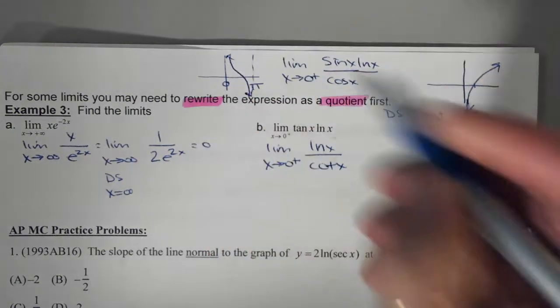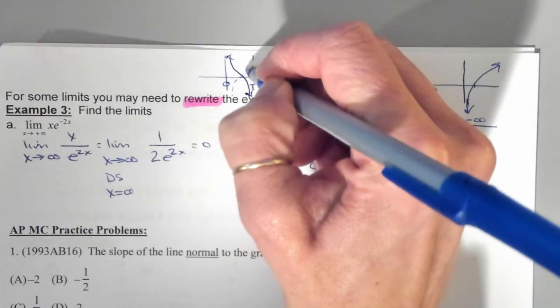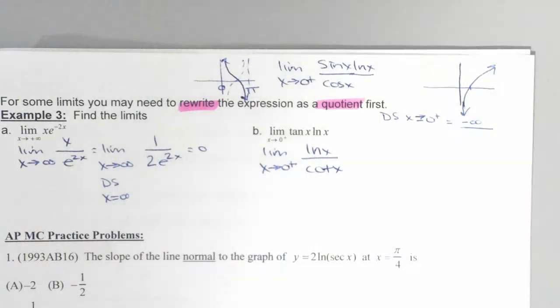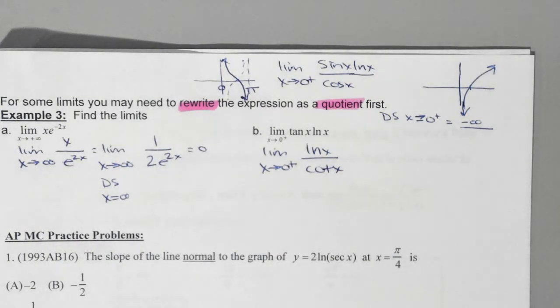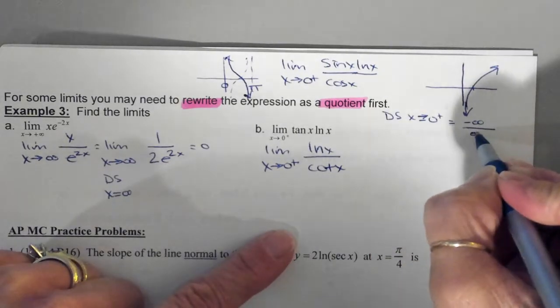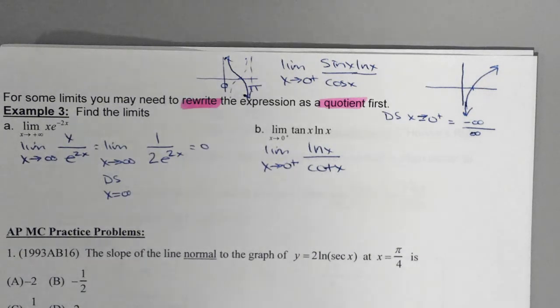Cotangent goes like this. The other one that I did, which is like this, is tangent. Remember, they're reciprocals of each other. Okay, so as we are approaching 0 from the right, where is my graph going? Positive infinity. So that means what I have is negative infinity over positive infinity, which we discussed in the beginning, still indeterminate, right?